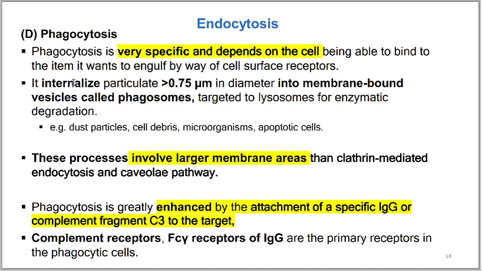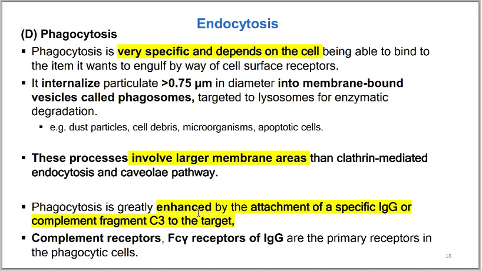It internalizes particles greater than 0.75 micrometer in diameter into membrane-bound vesicles called phagosomes, targeted to lysosome for enzymatic degradation. These processes involve larger membrane areas than clathrin-mediated or caveole-mediated endocytosis pathways.